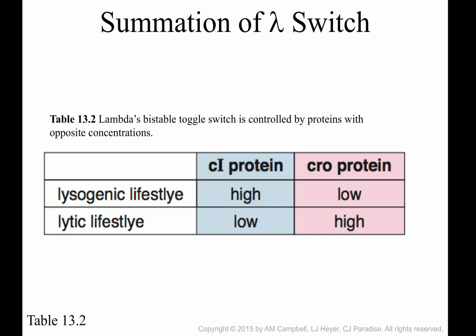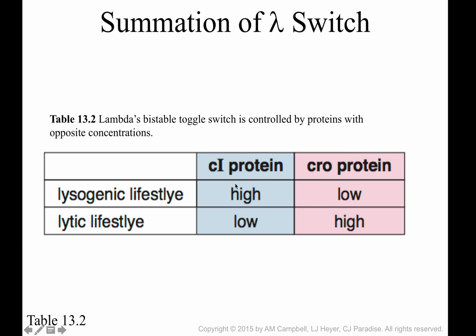Okay. So this lambda switch, if the virus is in a lysogenic lifestyle, then the virus is incorporated into the bacterial genome, and the virus only replicates when the cell replicates. In that case, there's a high amount of CI protein and a low amount of CRO protein.